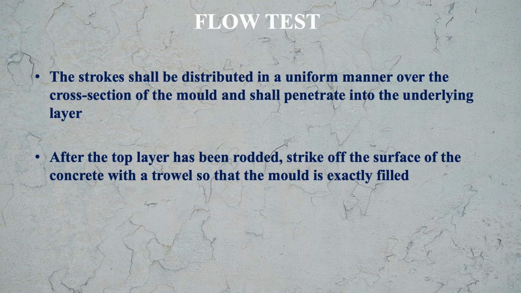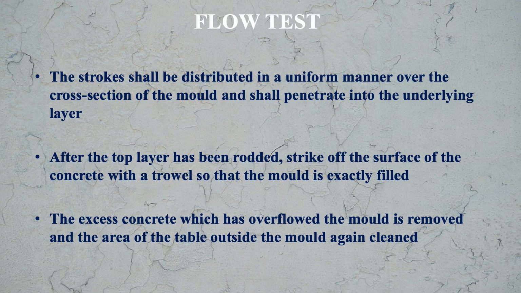After the top layer has been rodded, strike off the surface of the concrete with a trowel so that the mold is exactly filled, because we have to remove the extra concrete which is coming out of the mold.